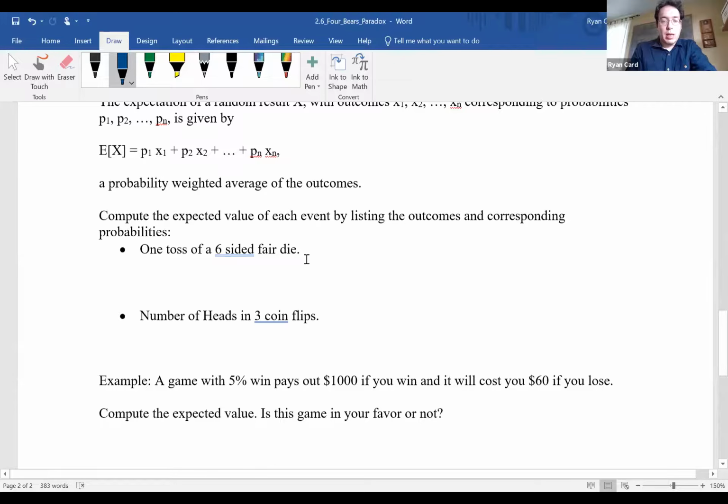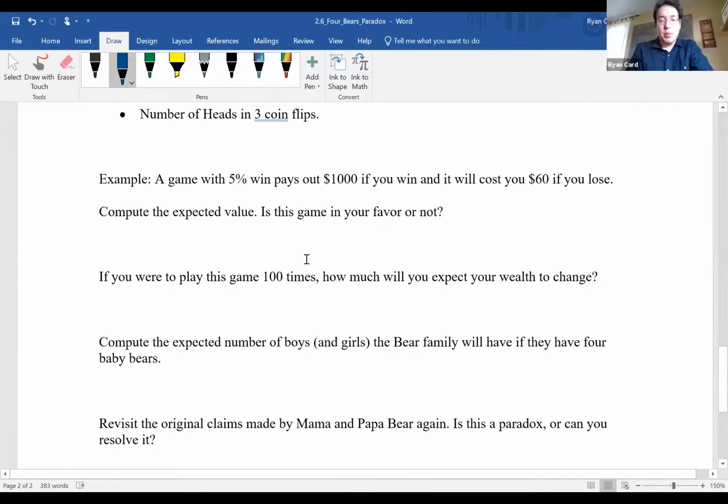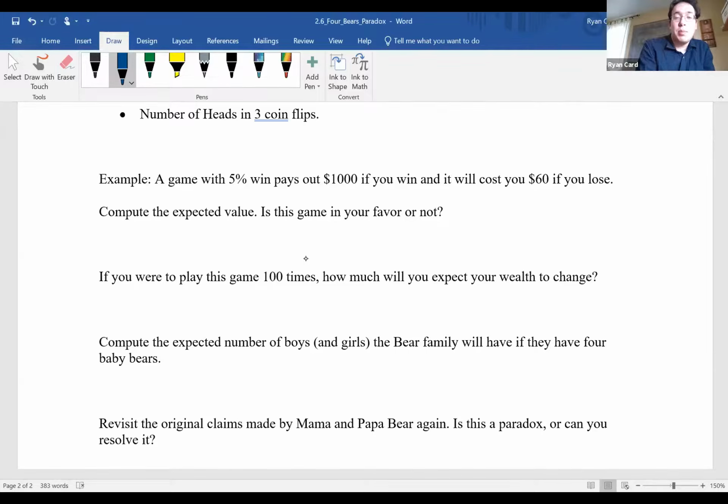All right, so what I want you to do is first compute. There's a sample problem that's kind of similar to what we did a little bit earlier about the raffle ticket. So let's say 5% of the time you win $1,000 and otherwise you lose $60.